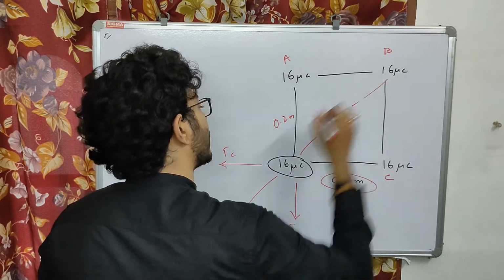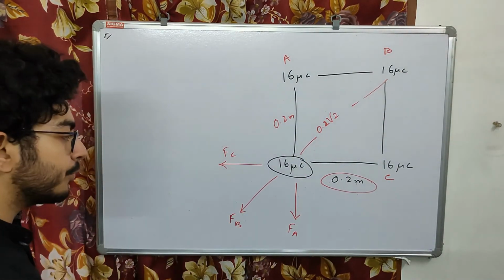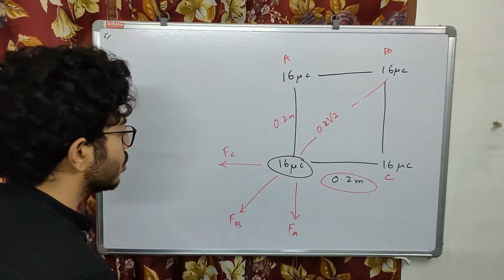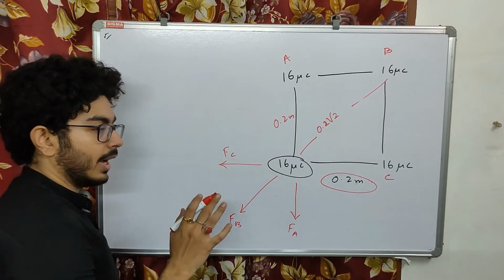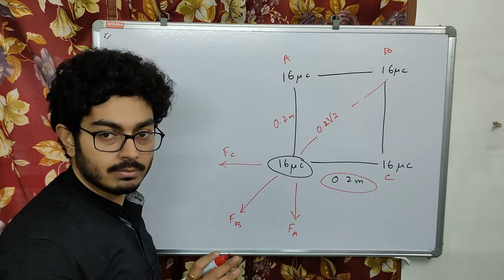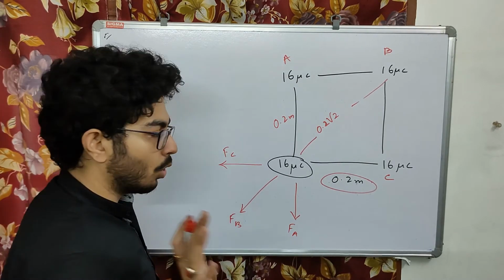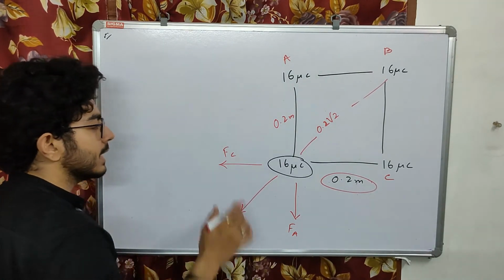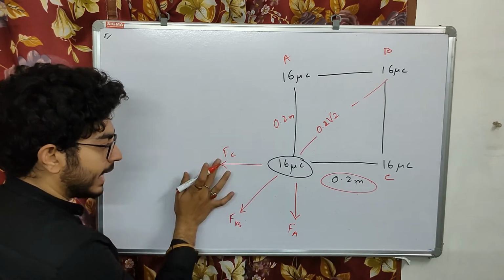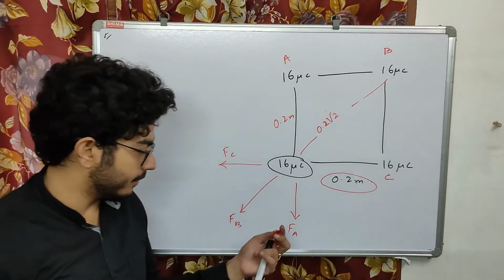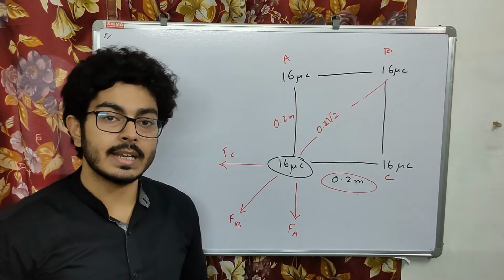Okay. Now what is the net force acting on this? So you have to use the vector theory that you all know. See, due to FA and FC, there will be a resultant force.